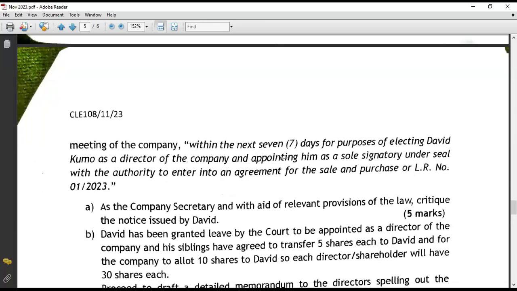So they are talking about the relevant position of the law. What is the relevant provision of the law? Section 223(1). Okay. Another very, very important section on this is section 301(1)(a) of the Insolvency Act.